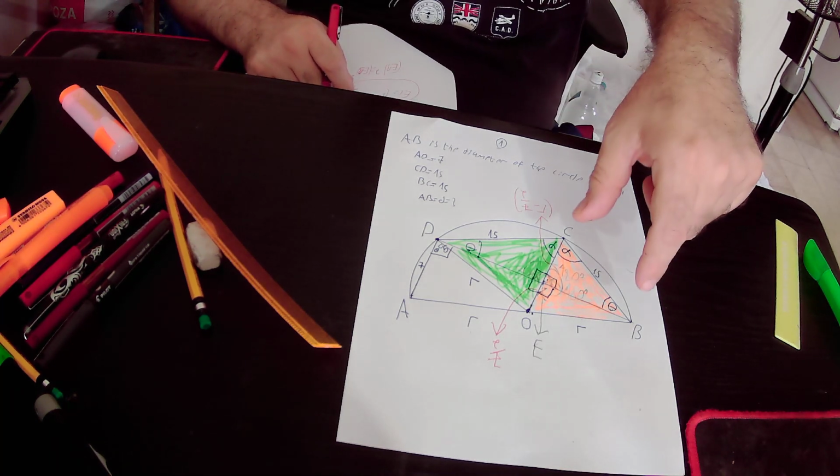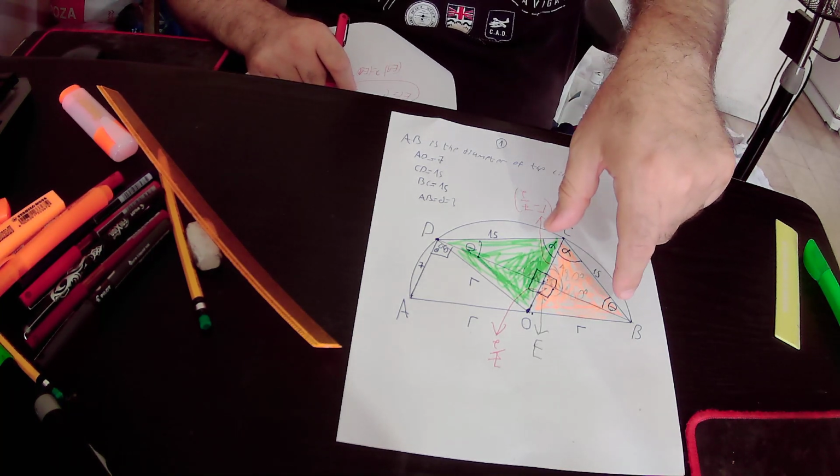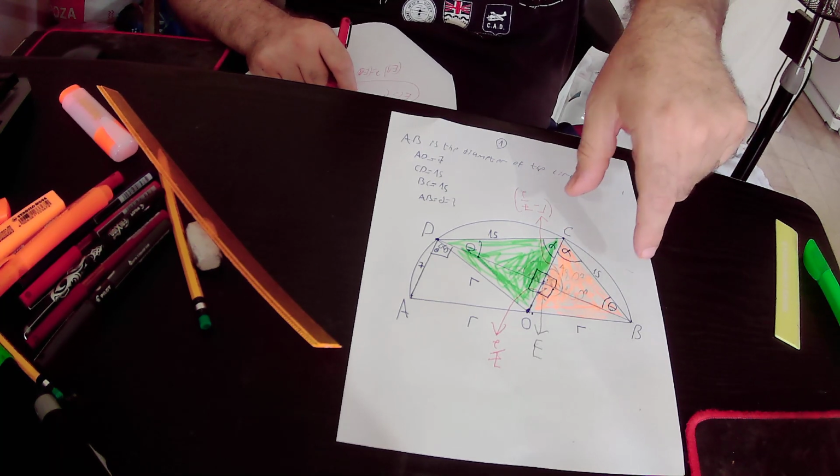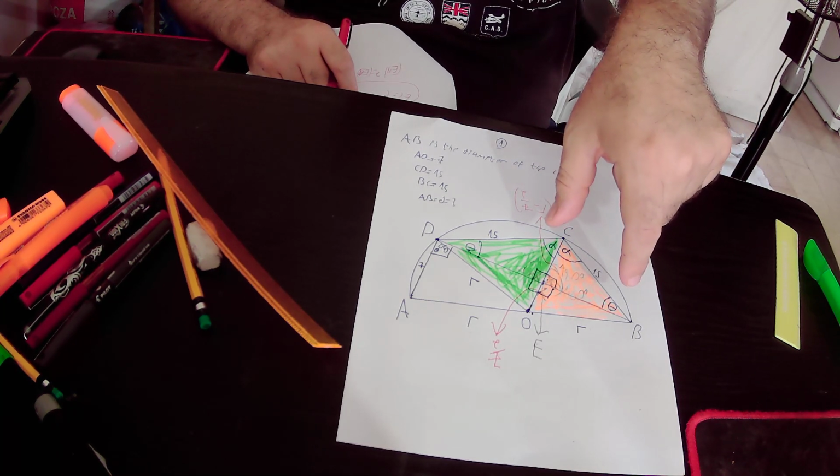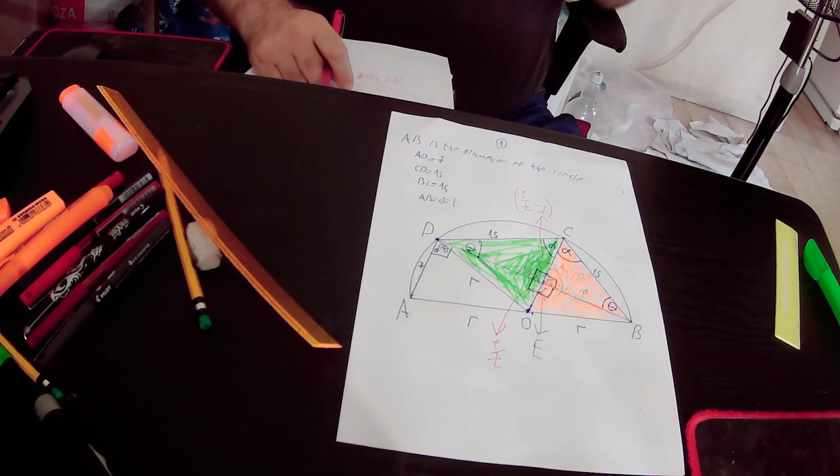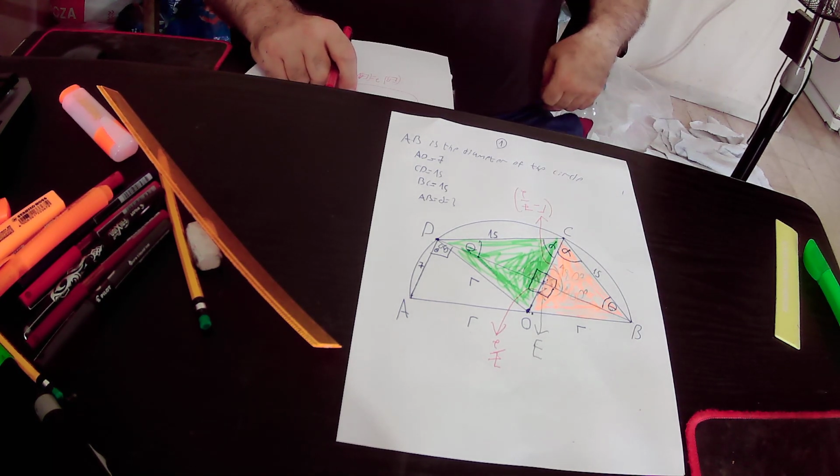EB belongs to the right triangle ECB, and it also belongs to the right triangle OEB. So we can implement the Pythagorean theorem twice on side EB, because EB belongs to both right triangles.